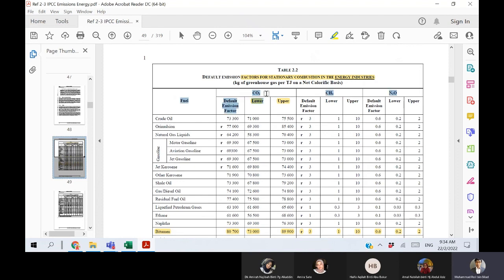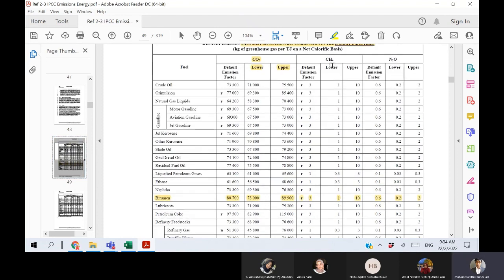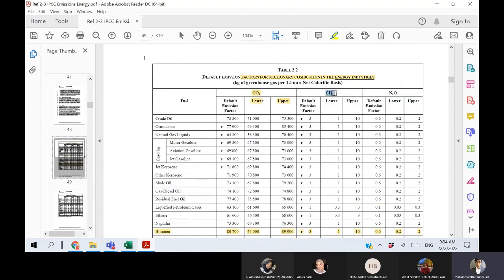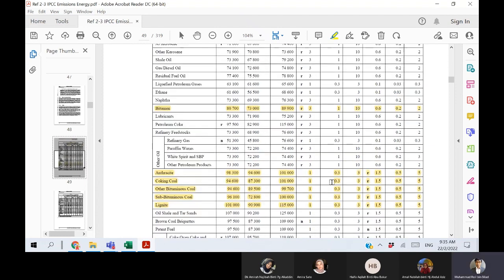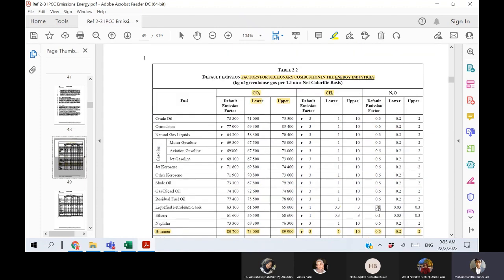Okay, we calculate first for CO2, and then next we also use the same table to calculate for methane and nitrogen oxide. For methane, the conversion is 1, and for nitrogen dioxide, the conversion is 1.5.